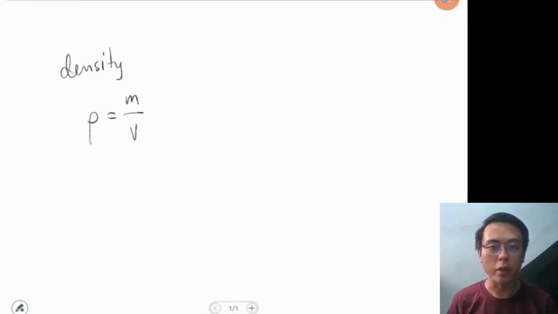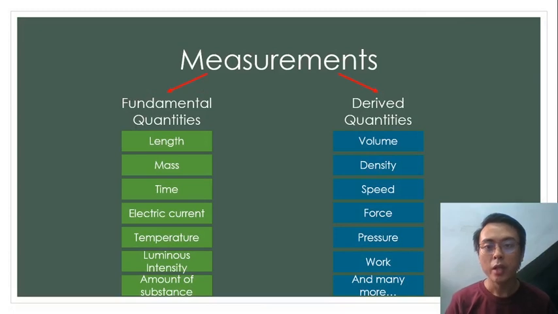Now, if you would go back to our presentation, the derived quantity is the density. And since we know that this is a derived quantity, this must be made up of several fundamental quantities. So let's take a look at what are the following fundamental quantities in the definition of density.